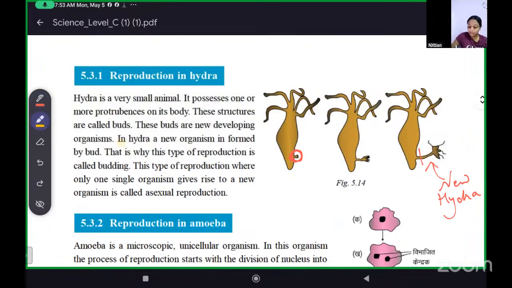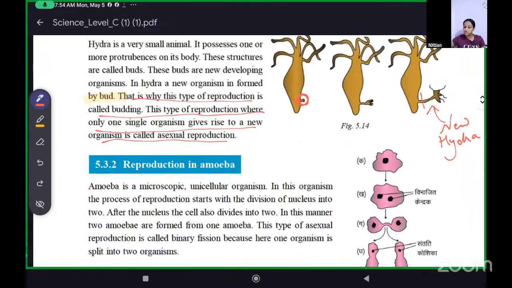If the question comes up by what mode of reproduction Hydra reproduces, the answer will be budding. This type of reproduction where only one single organism gives rise to a new organism is called asexual reproduction.